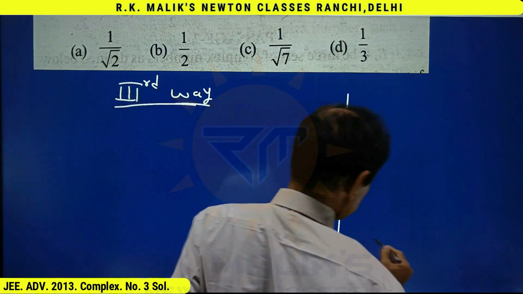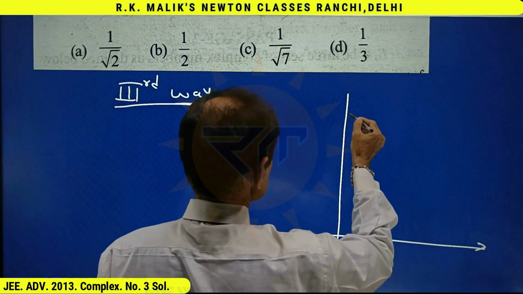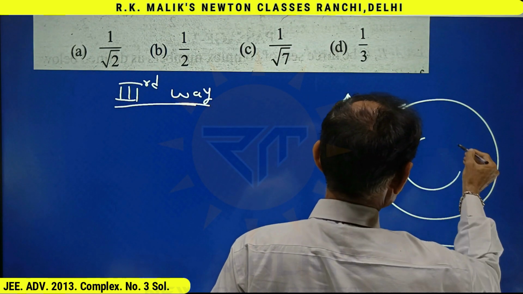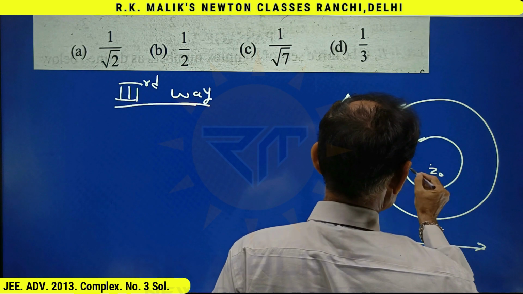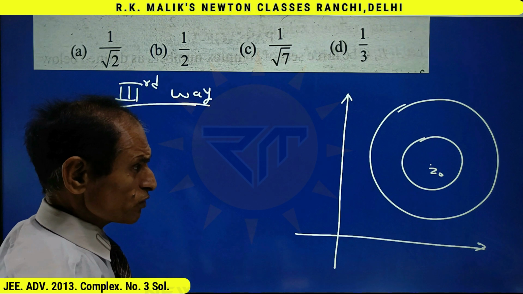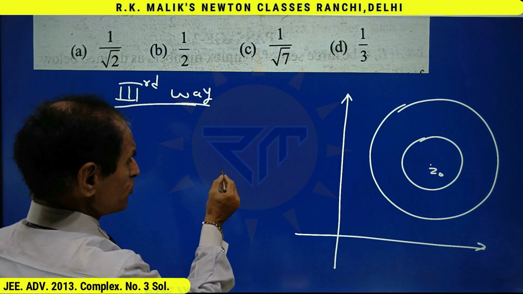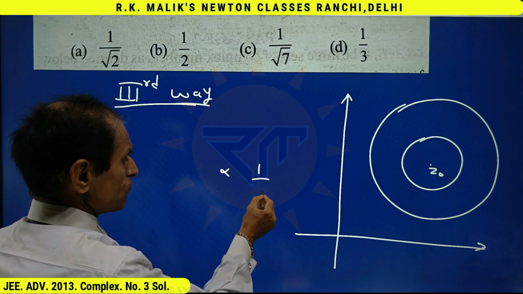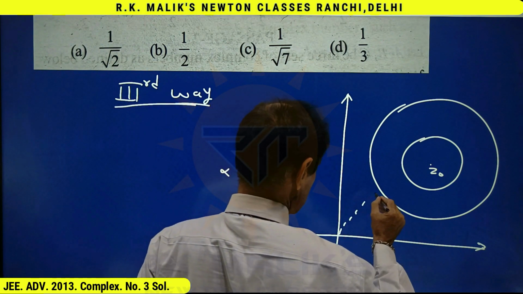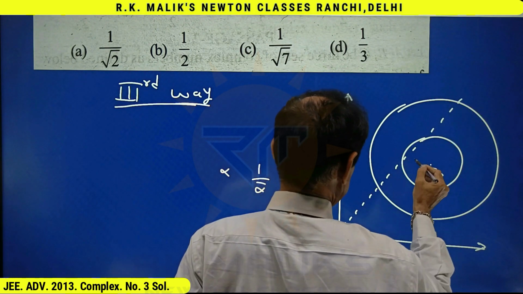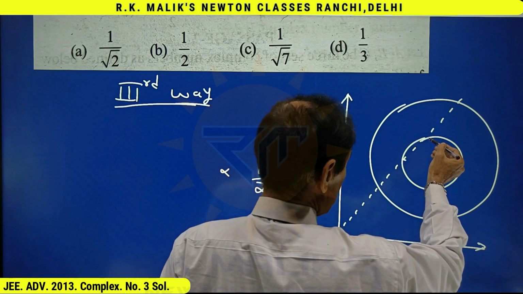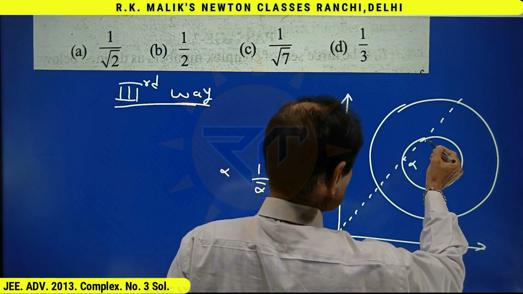Again, making the diagram. And as in first two ways, I told that argument of alpha and 1 upon alpha bar are same. Hence, suppose alpha is somewhere here, I can take alpha here also, no problem.